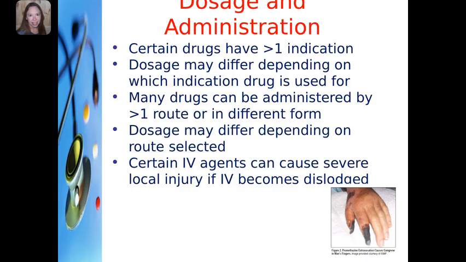And back a few years ago, a notification came down that according to policy, we were no longer allowed to give Phenergan IV push. I have given a lot of doses of Phenergan IV push, and thankfully I never had this happen. But what's pictured there is somebody who had Phenergan IV push, and the IV was dislodged, and you can see it caused necrosis.